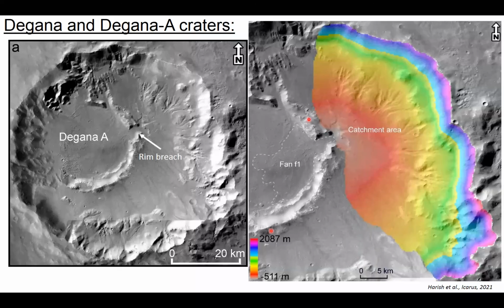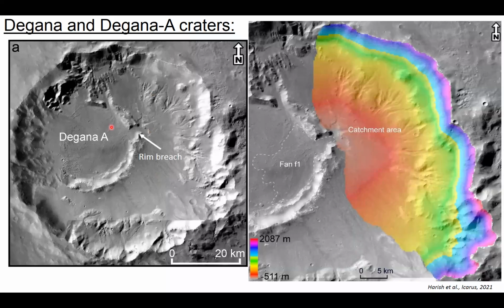When an impact happens, there will be a large amount of fractures induced, either radially or concentric. One of the radial fractures might have acted as a weak zone, and these sediments will try to hamper them more. In that way, this crater wall has been breached, and the sediments which come from this huge part of the bigger crater Digana have entered and deposited these fan deposits.